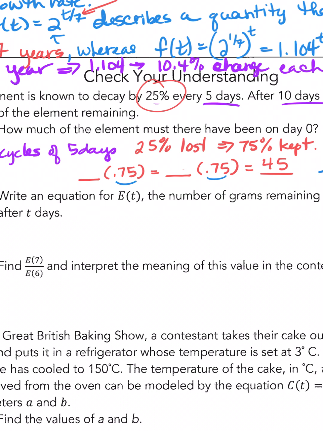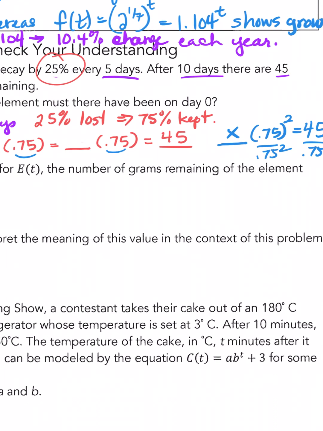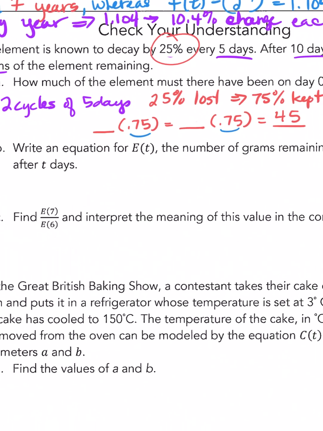So how do you solve that for x? Well, we divide both sides by 0.75 squared, and we actually end up with x equals what? 80 grams. So you got to think backwards sometimes, guys.